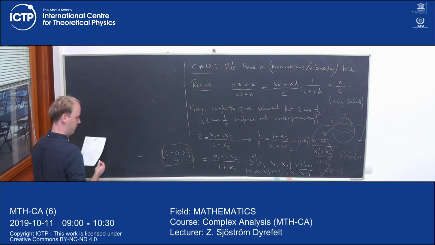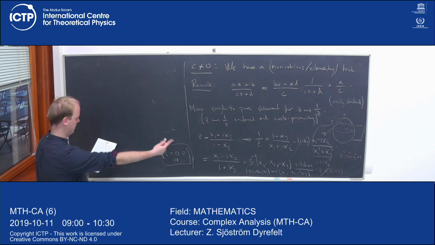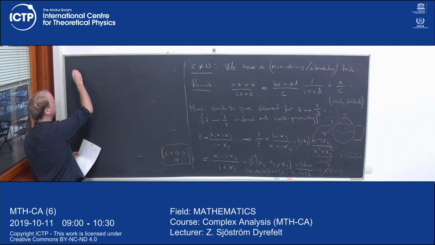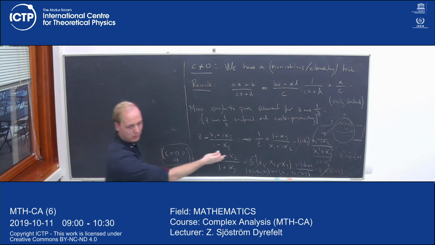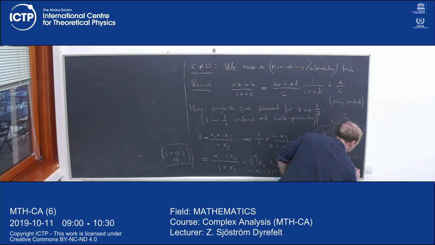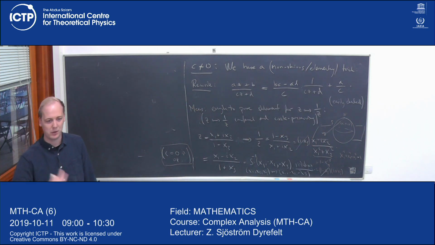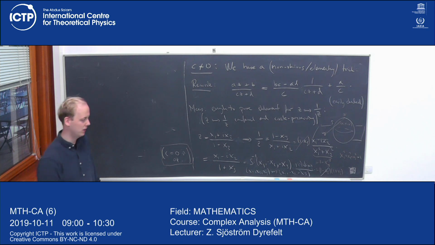So in particular it's a rotation, so it's conformal. So 1 over Z is conformal, and this finishes the proof. Is that clear? We started with all the simple ones, and then we said it's enough to show that 1 over Z is conformal and circle preserving.